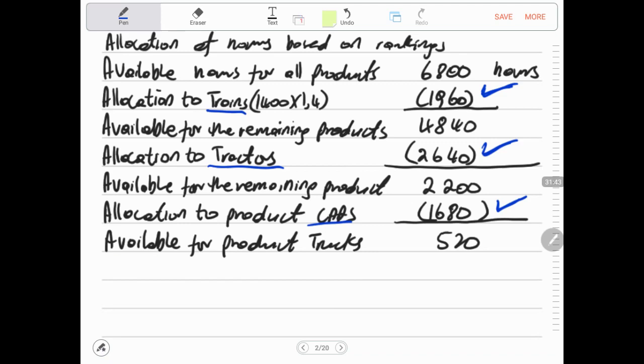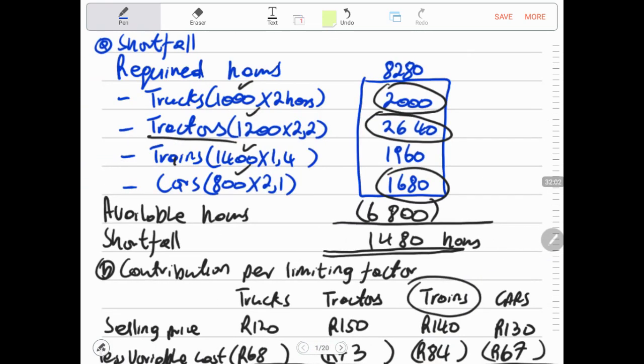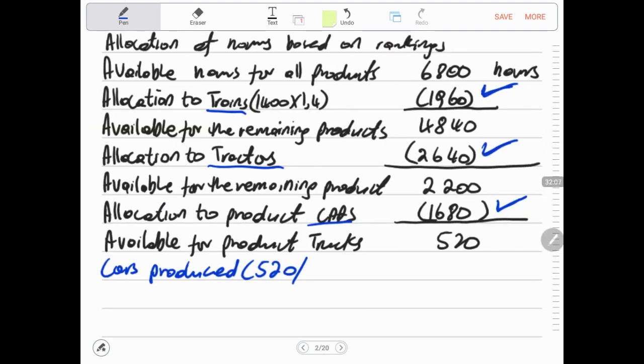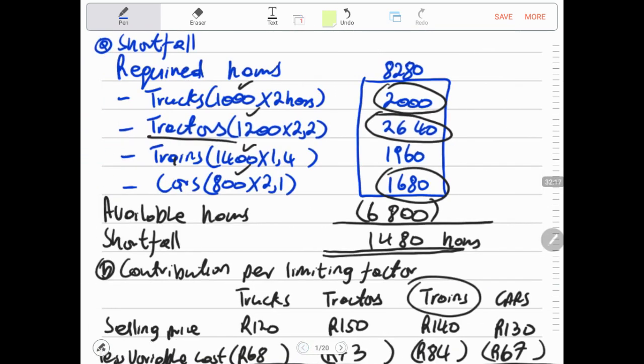Then the question is, how many units can be manufactured out of the 520? Then now we say trucks produced. It will be 520 divided by the required hours per unit. It's not cars in fact, our trucks produced: how many trucks can be produced out of the available hours?